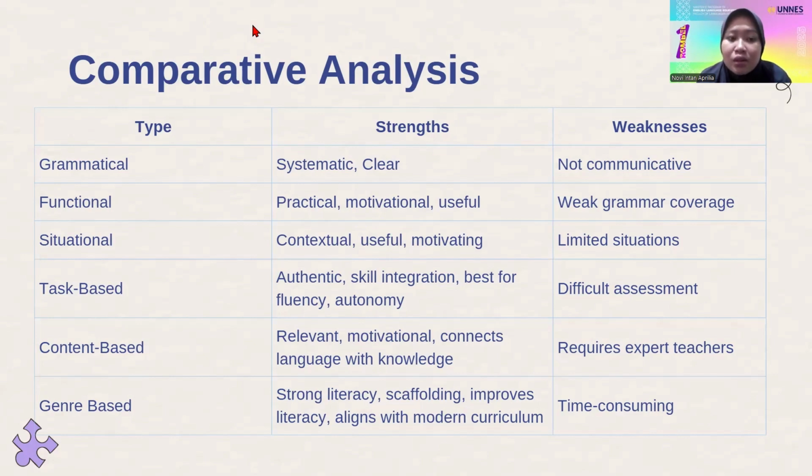This syllabus is contextual and useful. It teaches language through real life situations such as at a restaurant, airport, and others. However, it is limited to specific situations, and it doesn't prepare students for unexpected contexts.